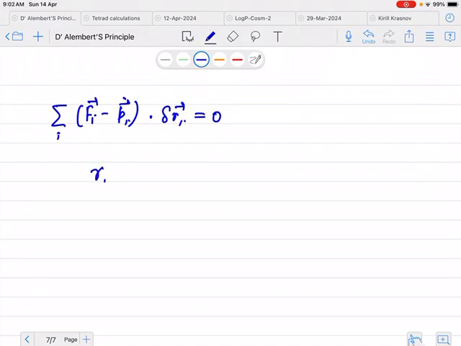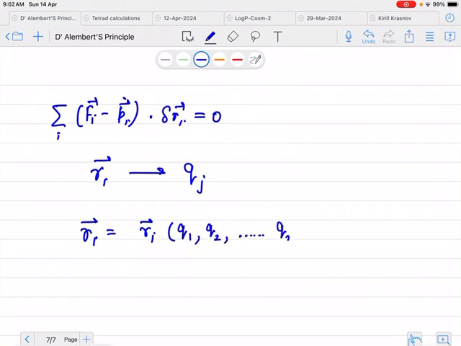So means we have to transform Ri into the Qi or Qj. Okay, so you know that Ri depends upon all the coordinates Q1, Q2, Qn and T, the second term of 1.45.